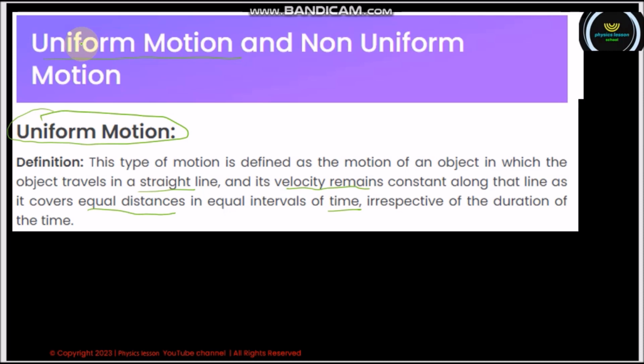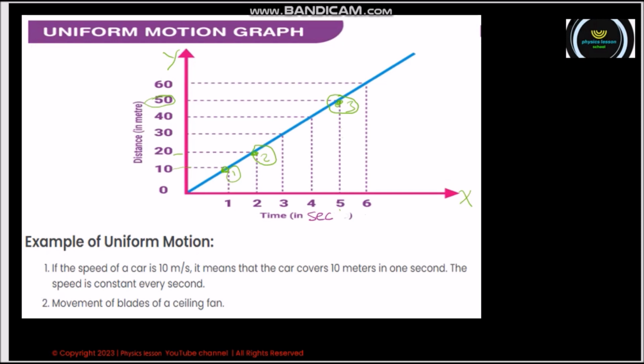It is defined as the motion of an object in which the object moves in a straight line, and its velocity remains constant along that line as it covers equal distance in equal intervals of time. Let us see the following graph.